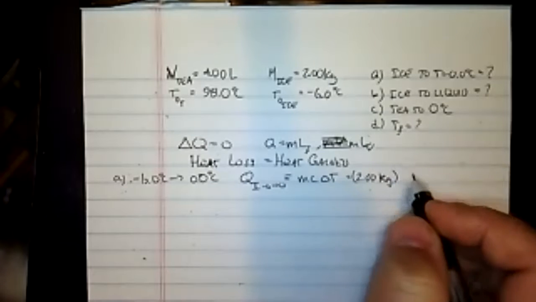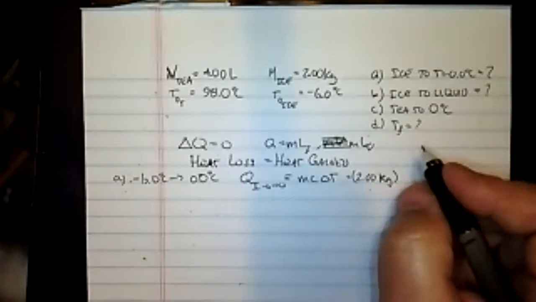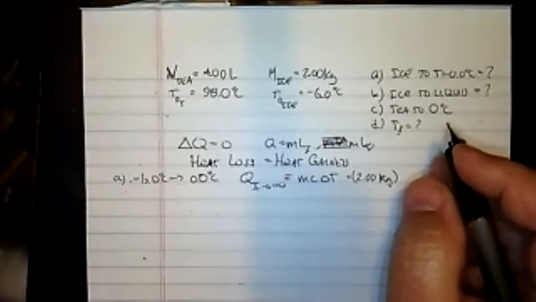For the ice, the mass is 2.00 kilograms. So if I wanted to work it out in joules, I could use 2.00 kilograms, and then the specific heat of ice, which is in fact 2100 joules per kilogram Celsius degree, and then 0 minus -6.0 degrees Celsius.